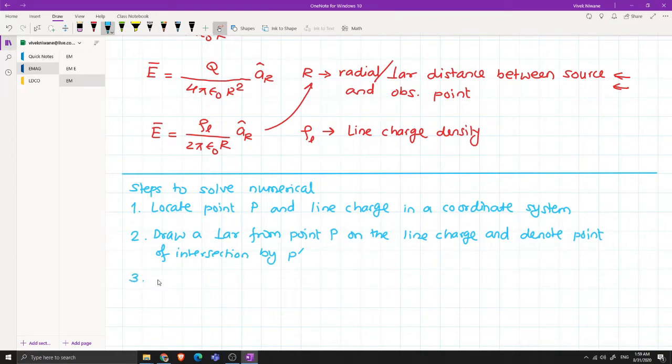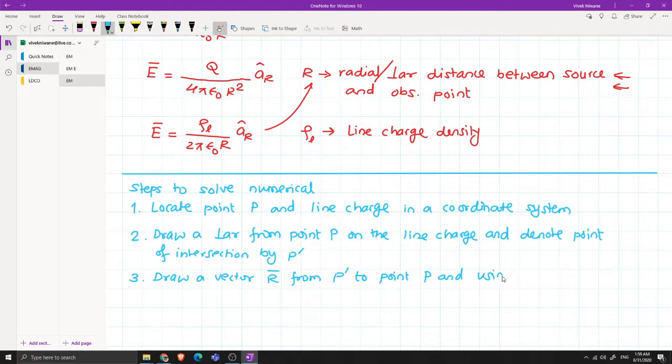Then third point, draw a vector r bar from, do remember that, from P dash to point P. From the source to the observation point you have to draw the vector r bar.